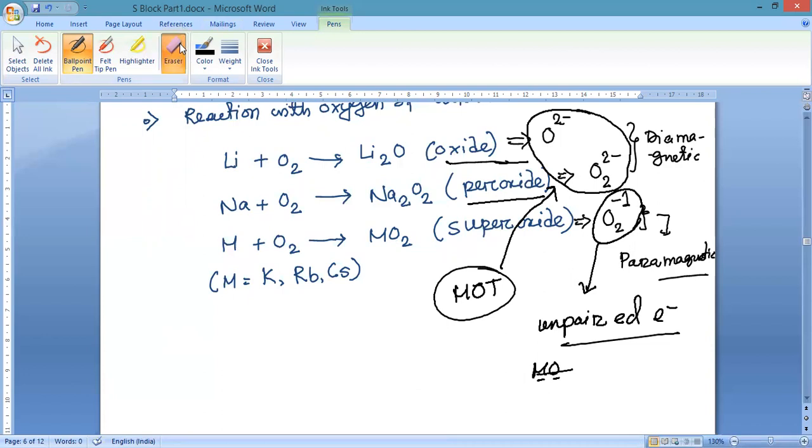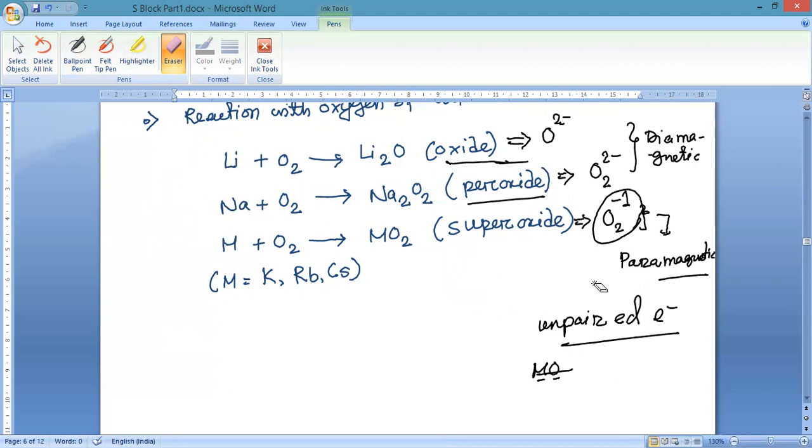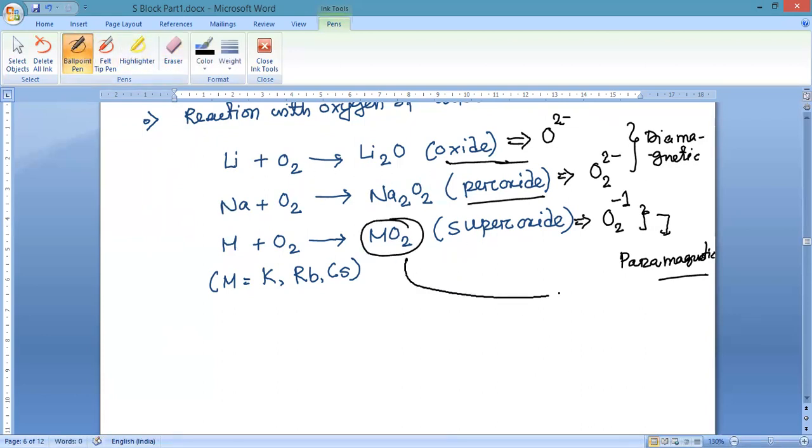Okay, so because of having unpaired electron, it will behave like a paramagnet. That's why these superoxides are all paramagnetic, and these oxides and peroxides are all diamagnetic. Okay, so ये है आपका magnetic properties, which oxides will behave as diamagnetic and which will behave as paramagnetic.